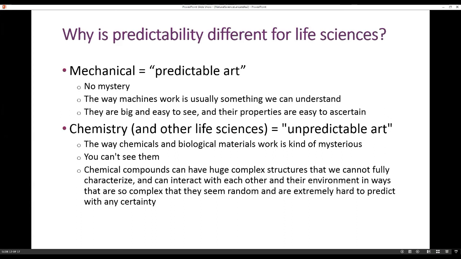However, chemistry and other life sciences, including biology, are considered to be unpredictable arts. And this is despite today's day and age of incredible technological revolution, despite all the modern methods at our disposal for looking at a chemical compound and characterizing it, or looking at a chemical reaction and trying to understand what's happening. There's still an element of mystery to the way that chemicals and biological materials work.